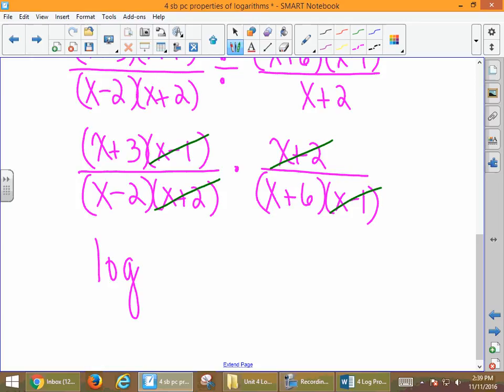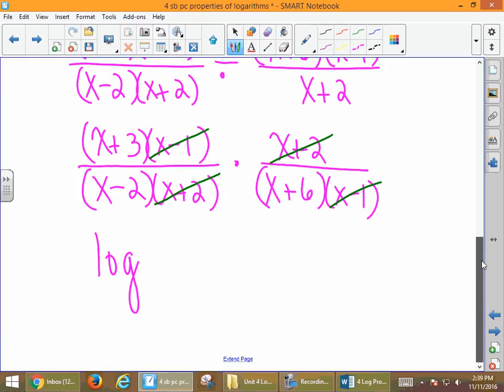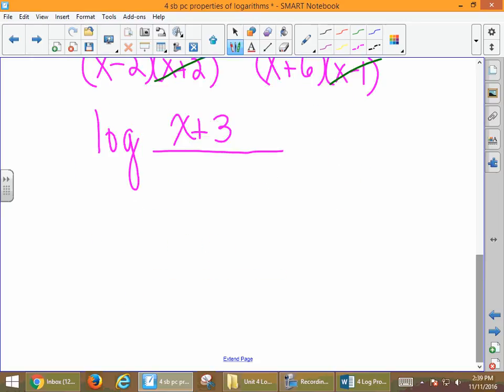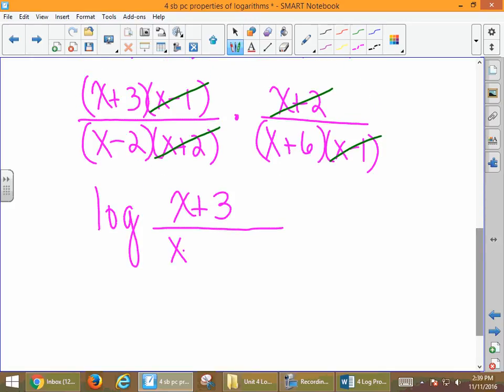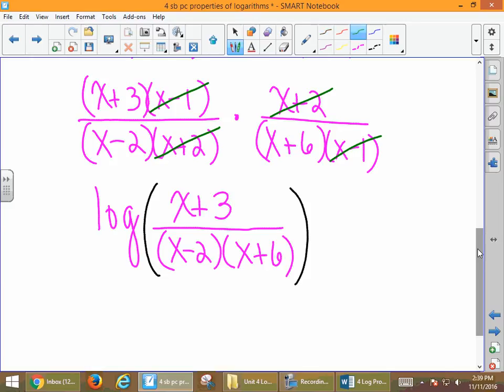But now what we still have left in our problem is the x plus 3, and down here in our denominator we have our x minus 2 times x plus 6. We're taking the logarithm of that entire rational function.